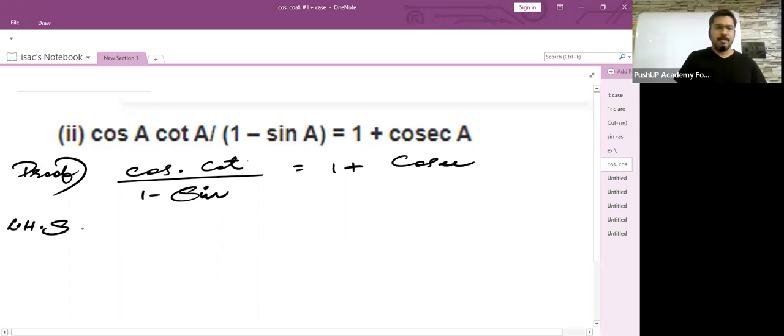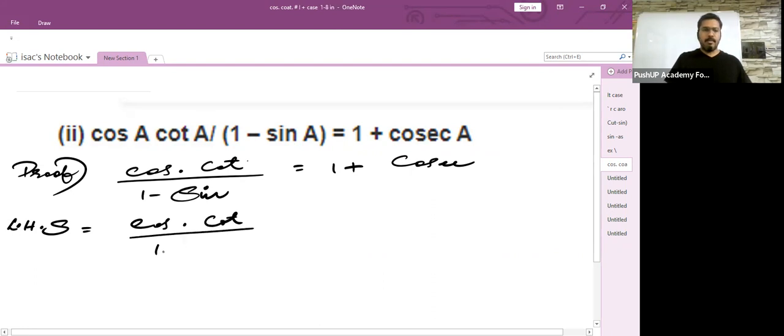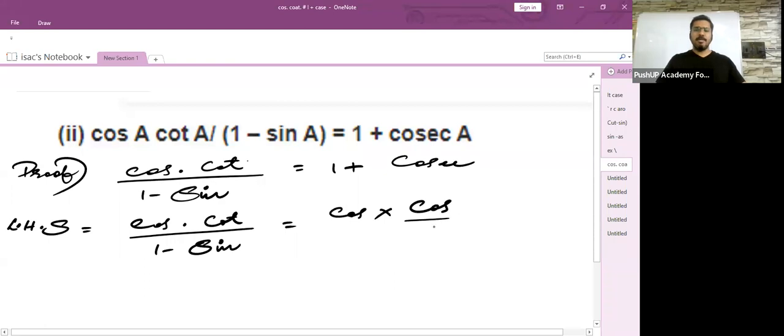Cos by sine. Let us take the LHS. So LHS is cos into cot upon 1 minus sine. This is equal to cos into cos upon sine, the whole divided by 1 minus sine.